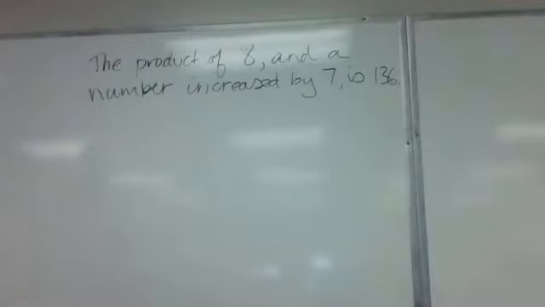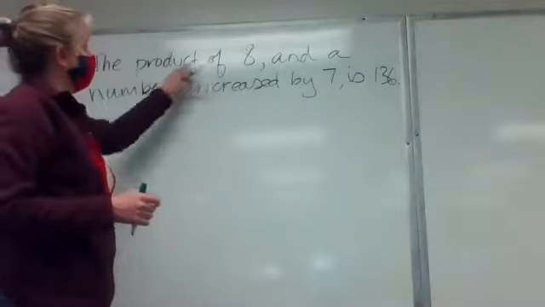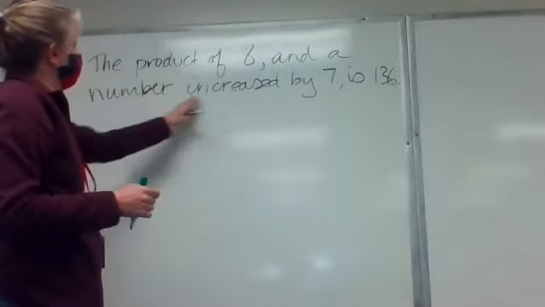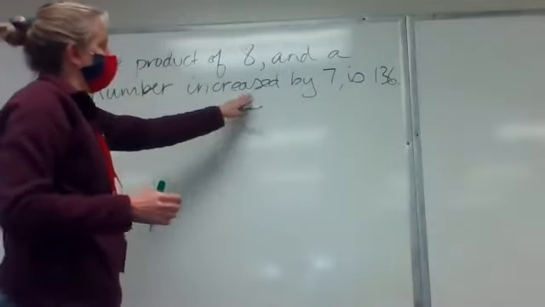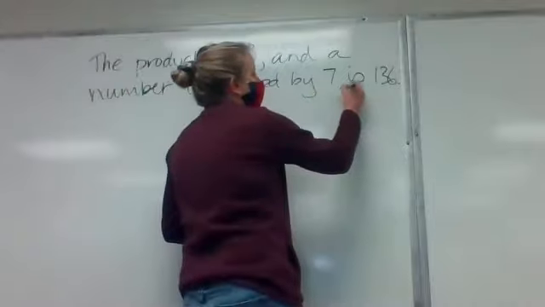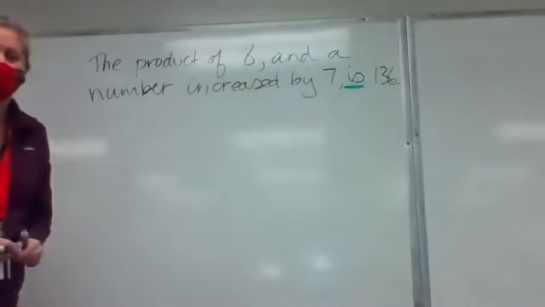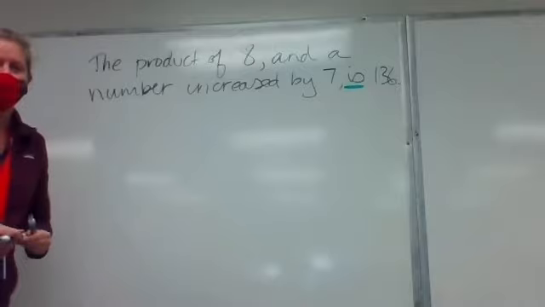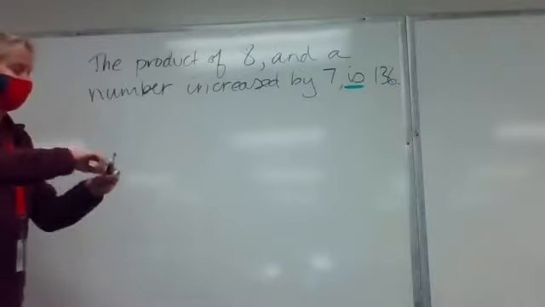I'm looking for one of those words that I had under where I'm going to put the equal sign. Okay, the product of, that means I'm going to do some multiplying. Increased by, that means I'm going to do some adding. Here's my equal, is. Okay, that's where I'm going to put my equal.